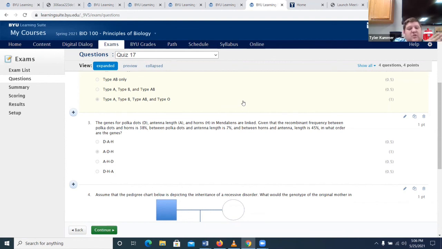So if it was toward horns, we'd expect to see antenna length and horns have a frequency of about 31%. But if it's away, we'd expect to see 45%, and that's what we see here. And so that tells us, okay, that means that horns has to be on one side, antenna has to be on the other side, and then dots has to be in the middle. And so that's what we see here, antenna, dots in the middle, and then horns.